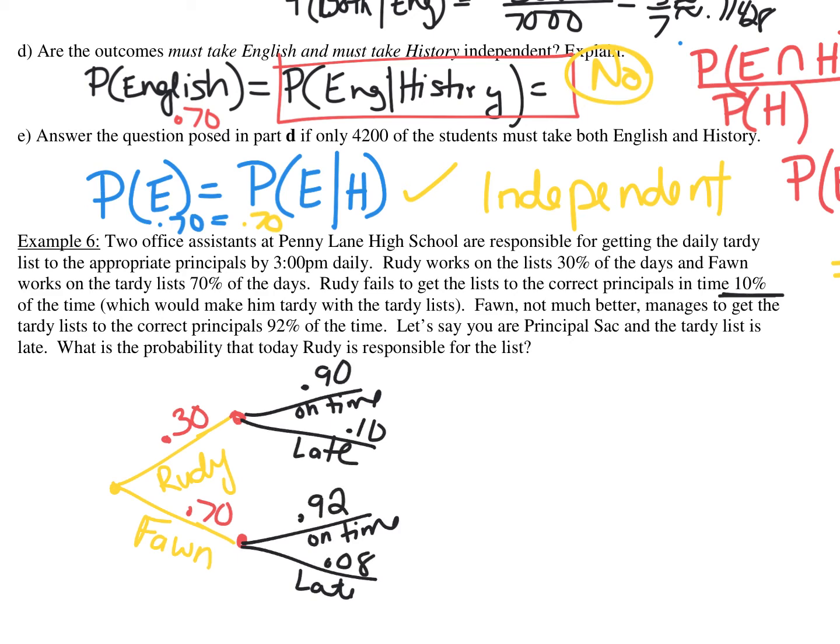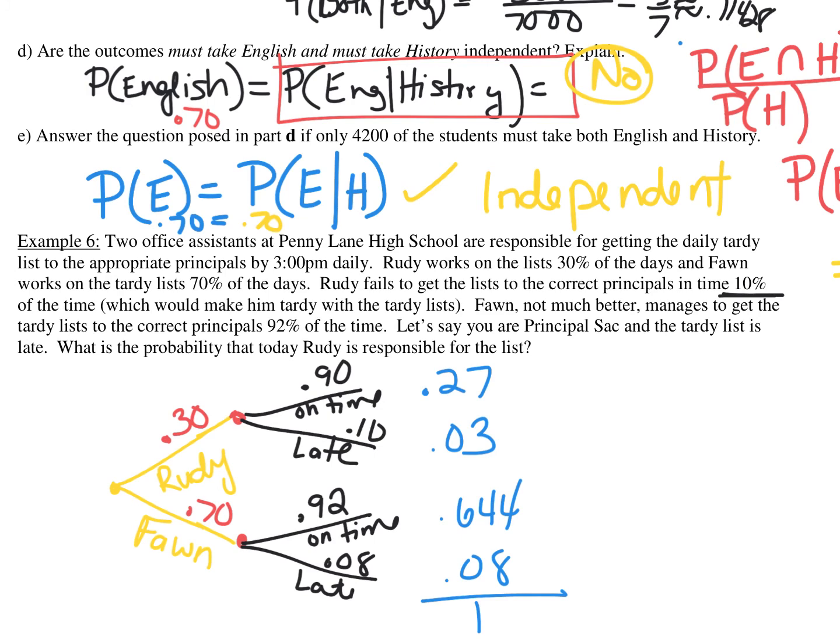With tree diagrams, I multiply my branches together. I get 0.27. 0.3 times 0.10 is going to be 0.03. And then 0.644 when I do 0.7 times 0.92, and then I have 0.08. I always then quickly sum this and make sure it adds to 1 so that I don't make any errors.